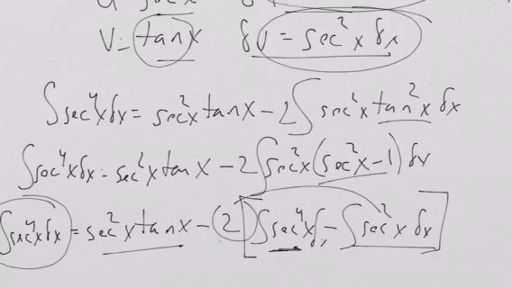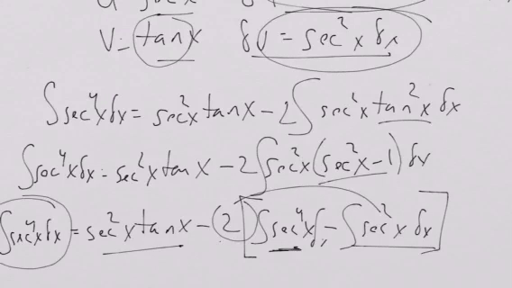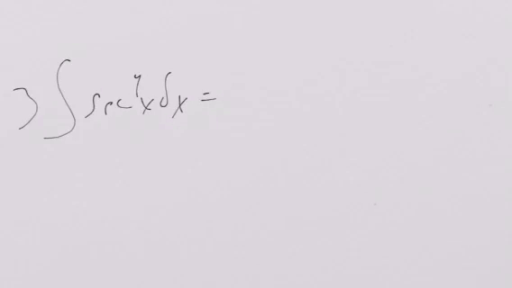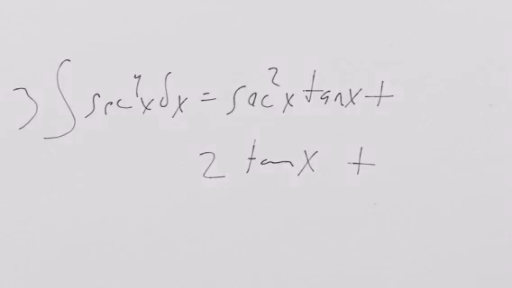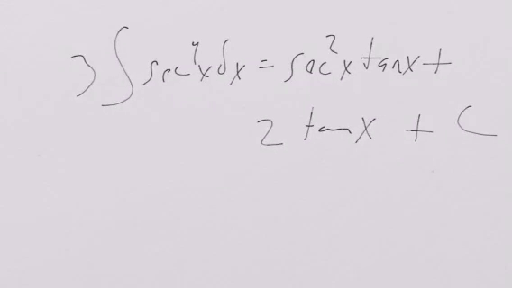And the integral of secant squared is tangent x. So I have a secant squared x tangent x, and then plus 2 tangent x. And I probably have to have a plus c in there.